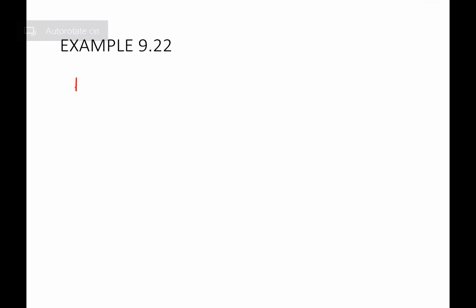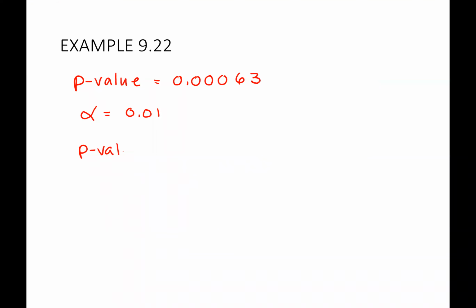So the p-value we calculated was 0.00063. The alpha that we used was 0.01. The p-value is less than alpha. So if the p is low, the null must go.